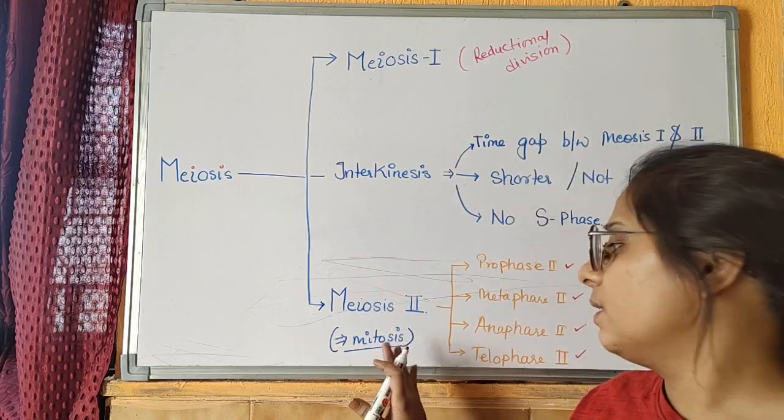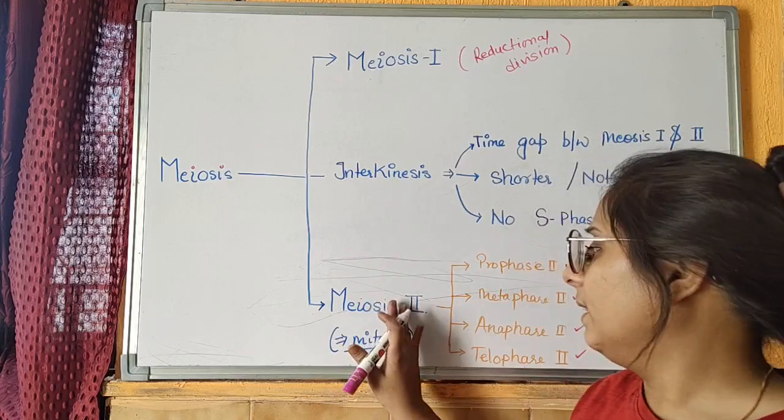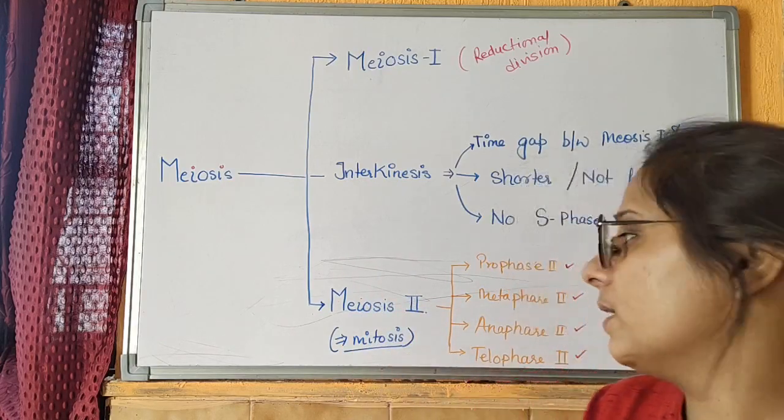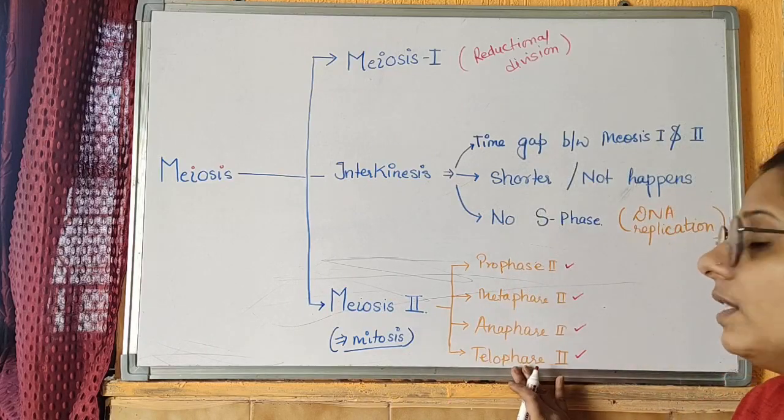After interkinesis, meiosis 2 takes place, and this meiosis 2 is equivalent to mitosis and it has 4 phases: prophase, metaphase, anaphase and telophase.